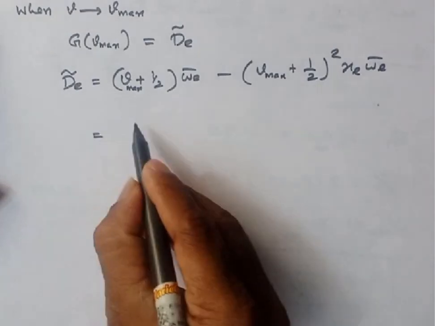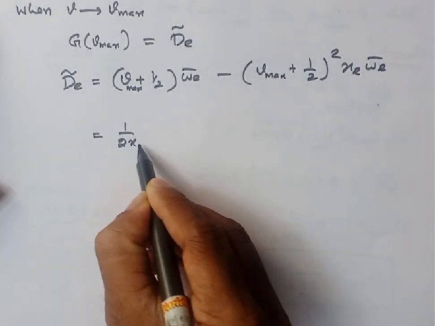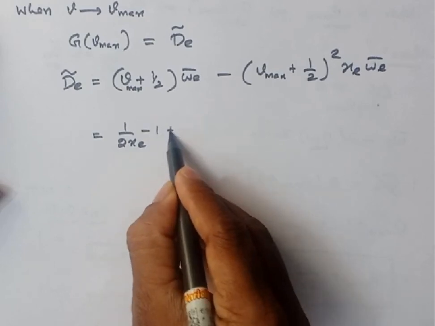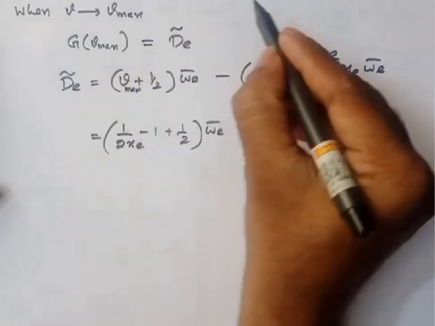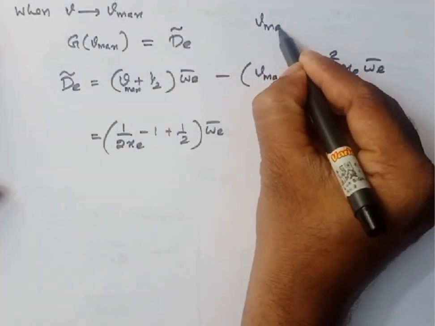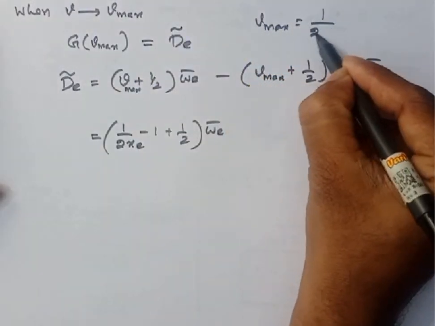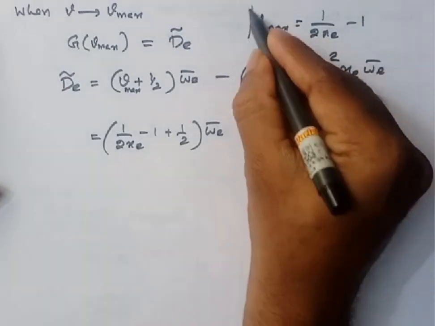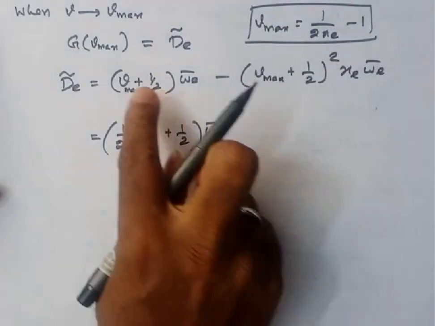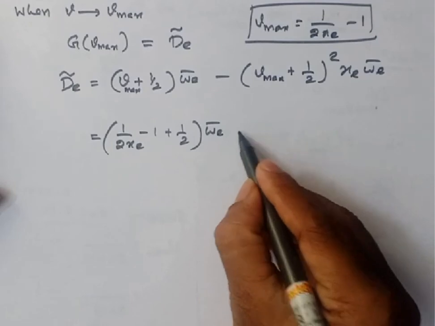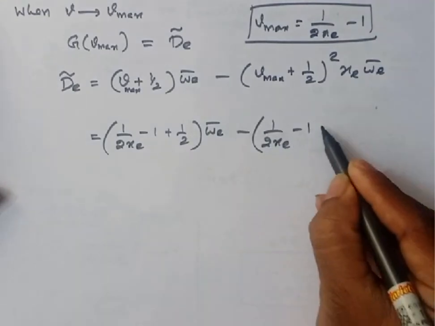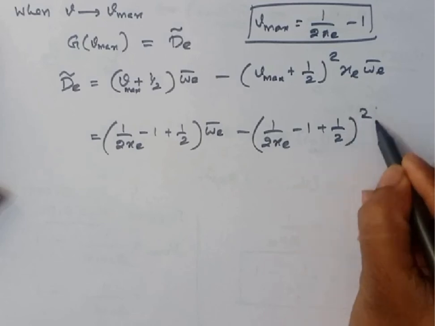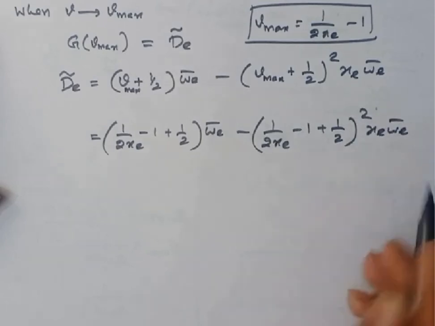So I put 1 by 2 Xe minus 1 plus 1 by 2 in the first term with omega e bar, because you know very well the Vmax value is 1 by 2 Xe minus 1. Wherever Vmax is there, you put that value. Minus, here also you put 1 by 2 Xe minus 1 plus 1 by 2, the whole square, into Xe into omega e bar.